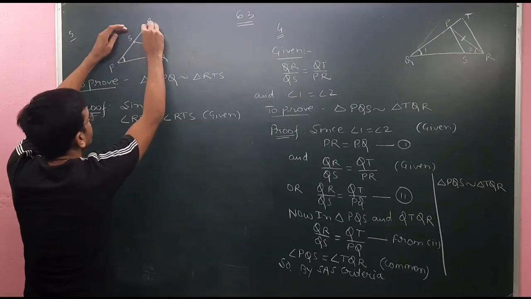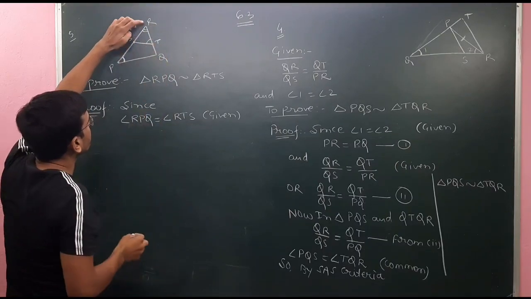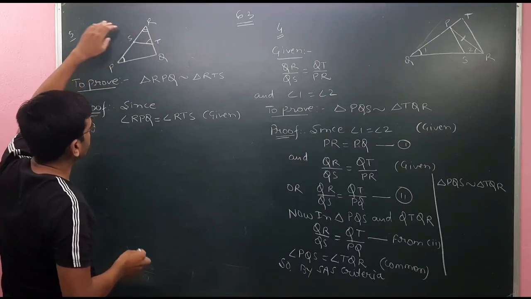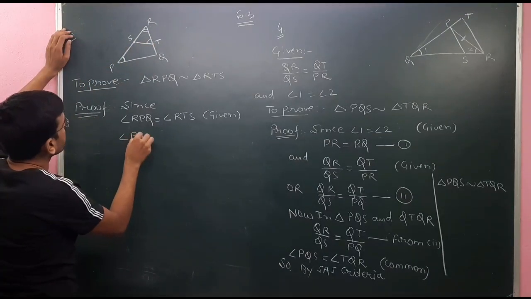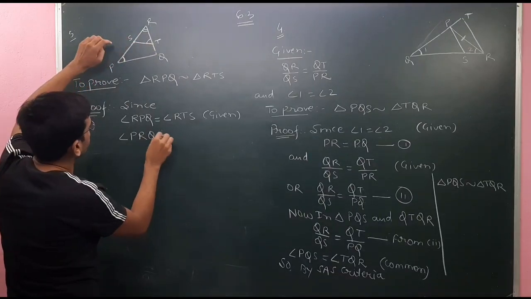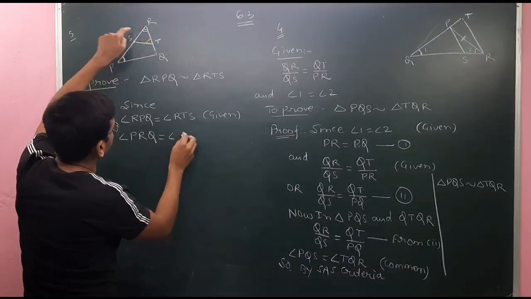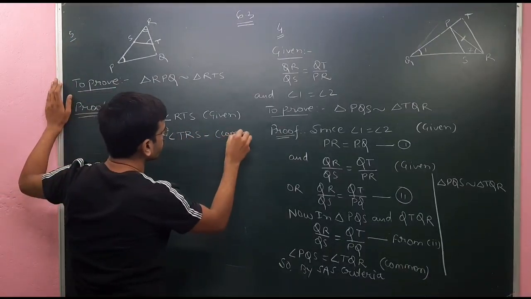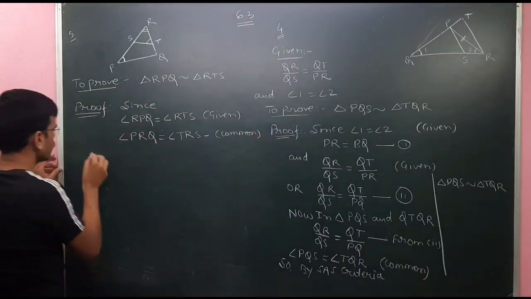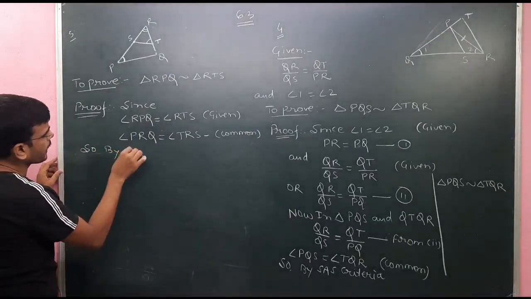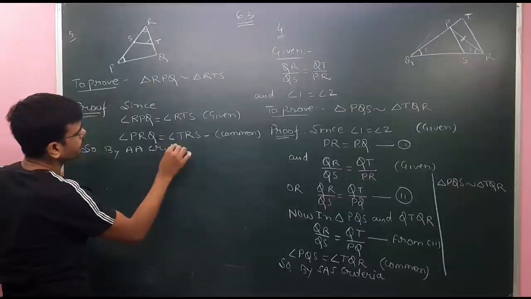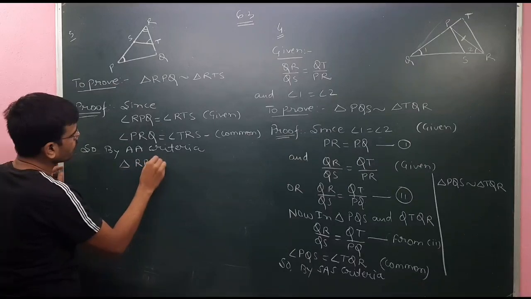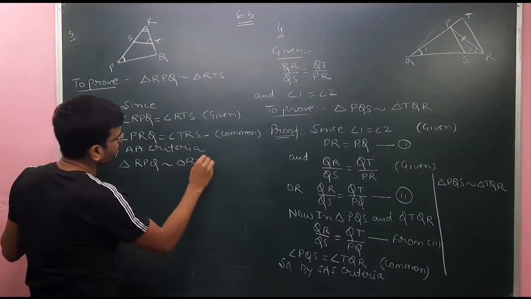Angle R, this angle, is common for both triangles RPQ and RTS. Angle PRQ is equal to angle TRS. This is common. So by angle criteria, triangle RPQ is similar to triangle RTS.